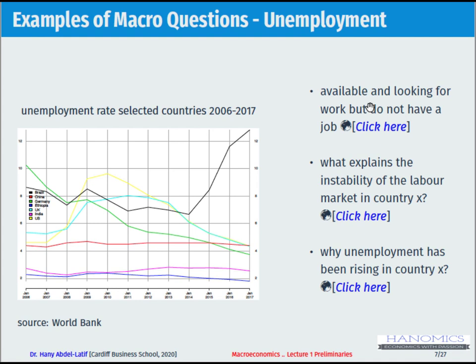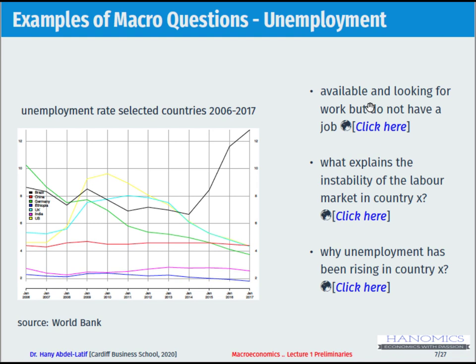We also will be interested in the unemployment rate. Unemployment is, again, one of the very important macro indicators that give you some indication about the performance of a given economy.